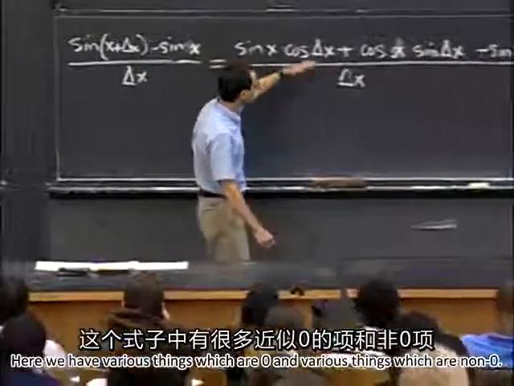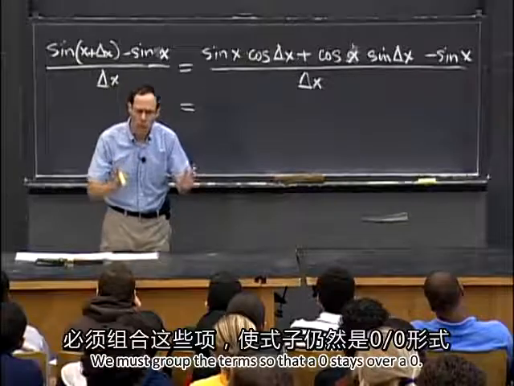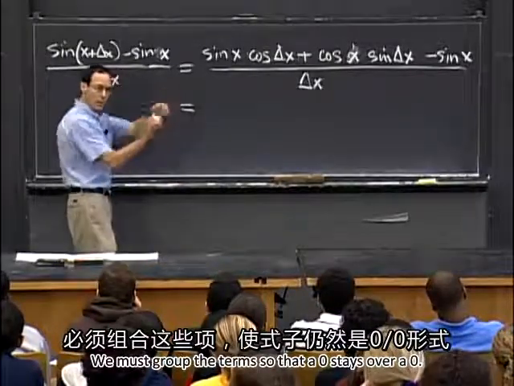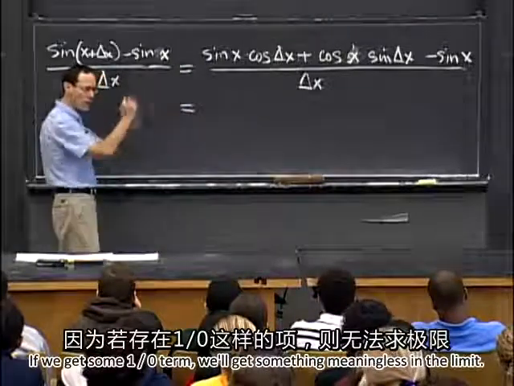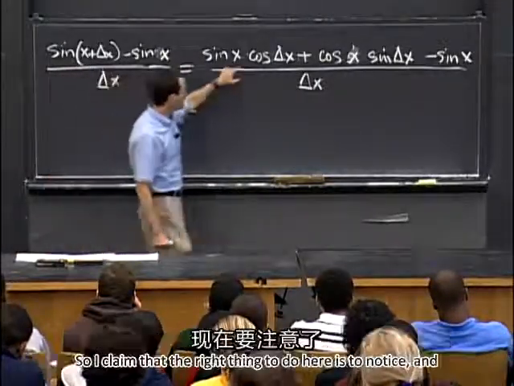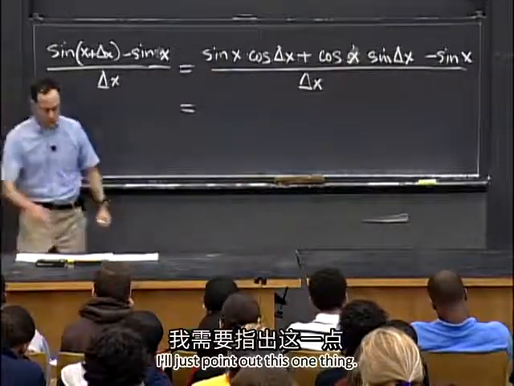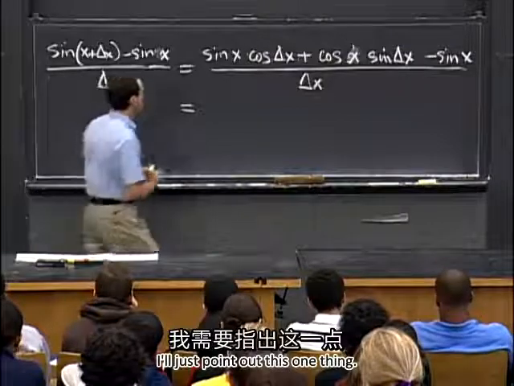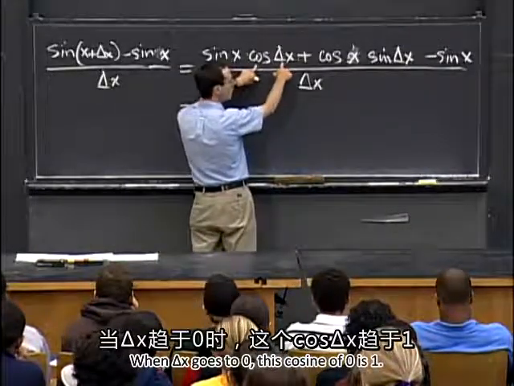Here we have various things which are 0 and various things which are non-zero. We must group the terms so that a 0 stays over a 0. Otherwise, we're going to have no hope. If we get some 1 over 0 term, we'll get something meaningless in the limit. So I claim that the right thing to do here is to notice, and I'll just point out this one thing, that when delta x goes to 0, this cosine of 0 is 1.